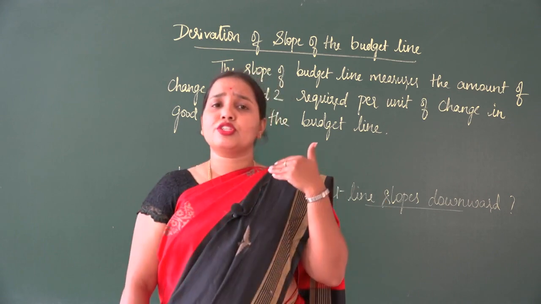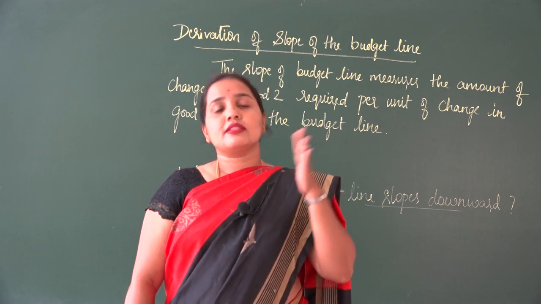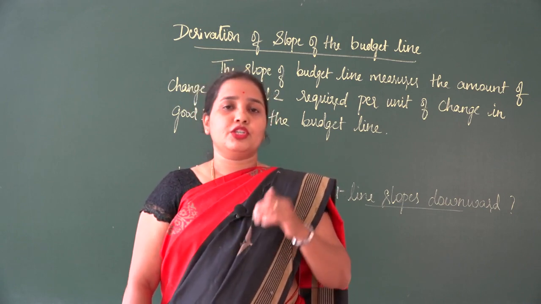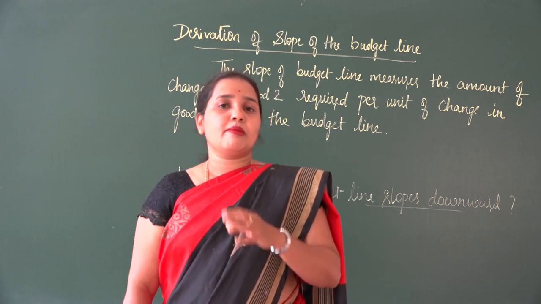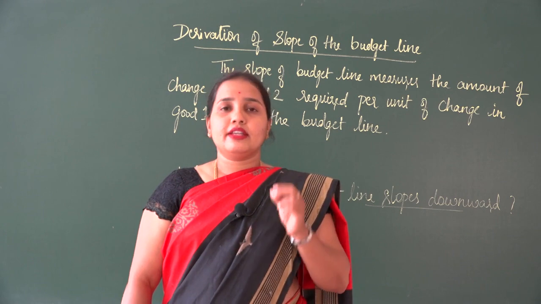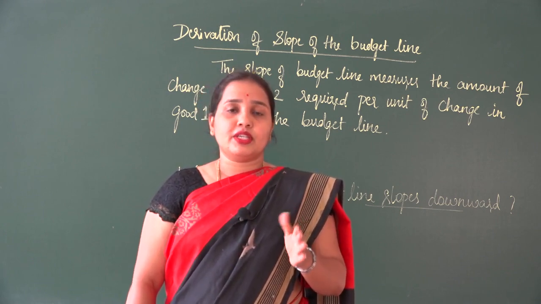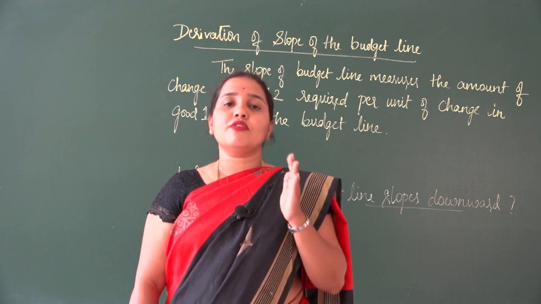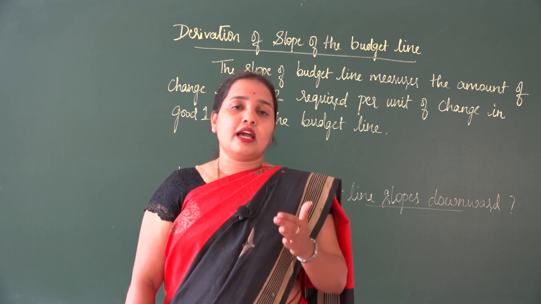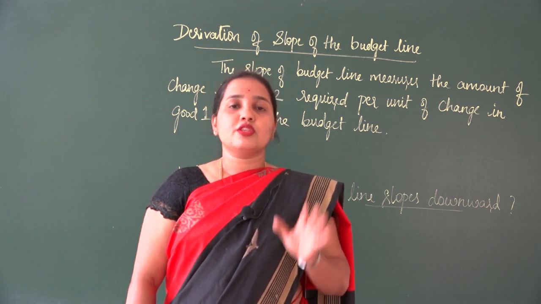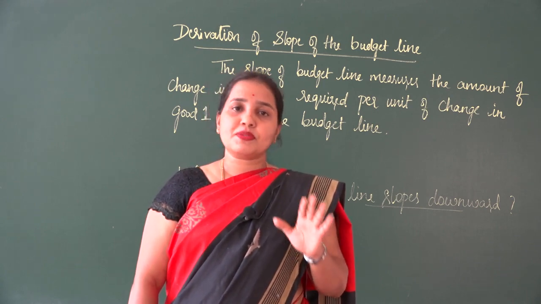Therefore, when he wants to have more of one commodity, he has to give up some amount of the other commodity. To have more of one good, he has to give up some amount of the other good, and therefore this negative relationship between the consumption quantities of the 2 goods causes the budget line to slope downwards. So this is the reason you can give for why the budget line slopes downward.